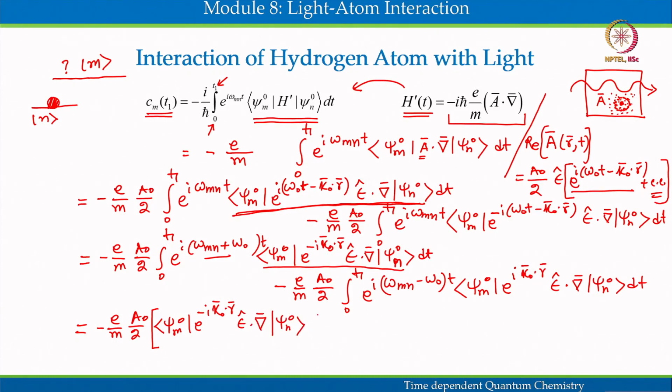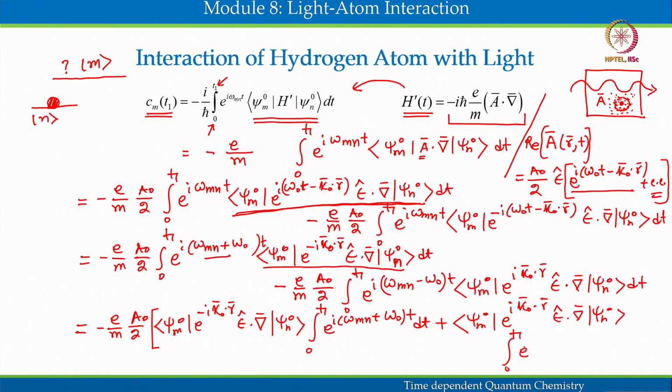Then the integration is 0 to t1 e to the power i omega mn plus omega naught t dt, plus the integration psi m naught e to the power i k naught dot r epsilon dot differential operator psi n 0, then integration 0 to t1 e to the power i omega mn minus omega naught t dt.